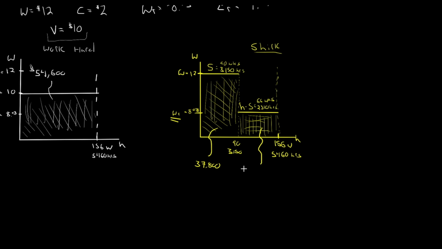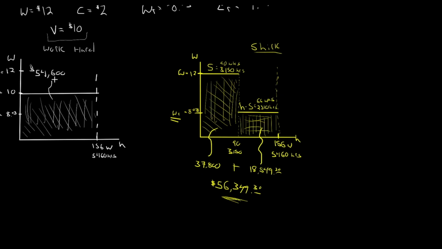That's going to be 18,549 and 30 cents. Add those two together to get Maria's total payoff if she were to decide to shirk. And her total shirking payoff is 56,349 and 30 cents.